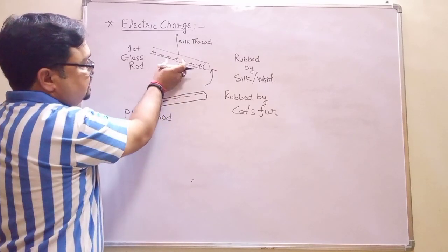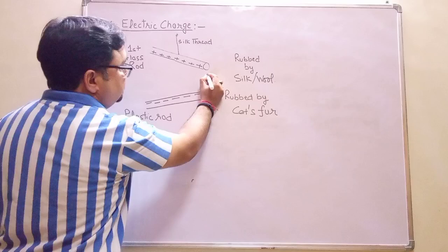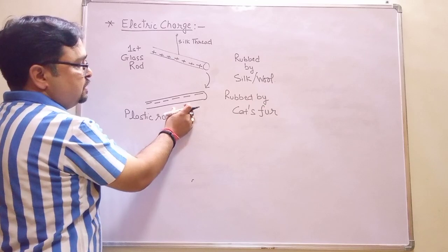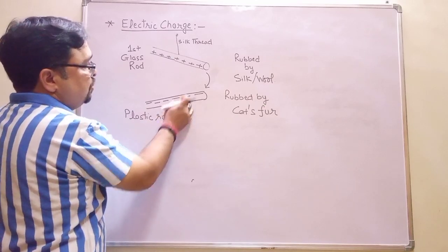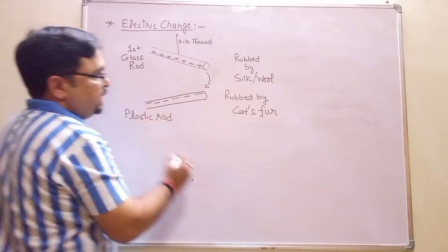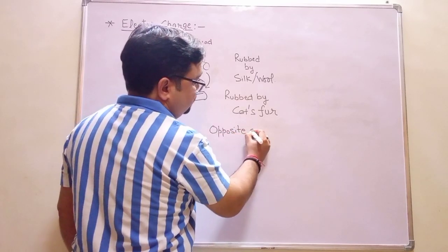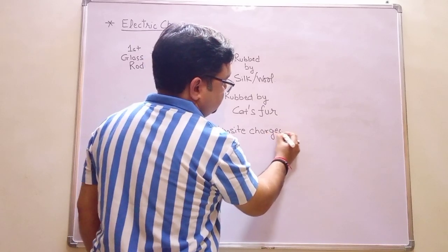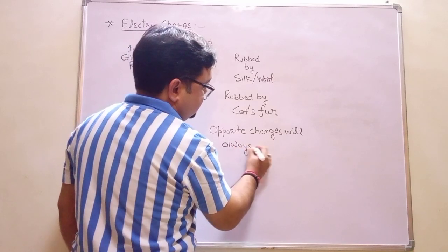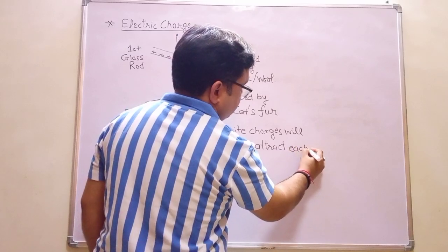This is negatively charged, this is positively charged. So now instead of repelling, these two rods will attract. This plastic rod will attract the suspended glass rod. So here we can conclude that opposite charges will always attract each other.